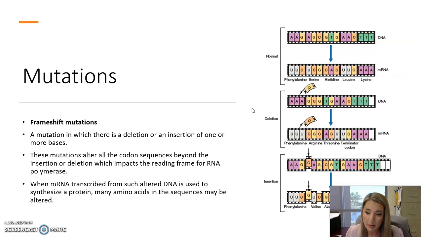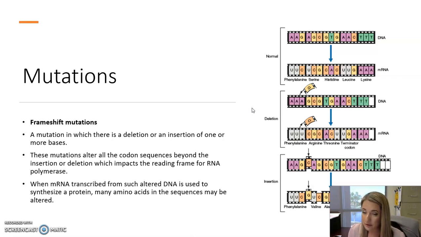If it's the same number, it's probably a point mutation where one was just substituted for another. If there's one more nucleotide in the mutated strand, then it's probably an insertion, which is a frame shift mutation. If there's one less nucleotide in the mutated strand, then it's likely a deletion.